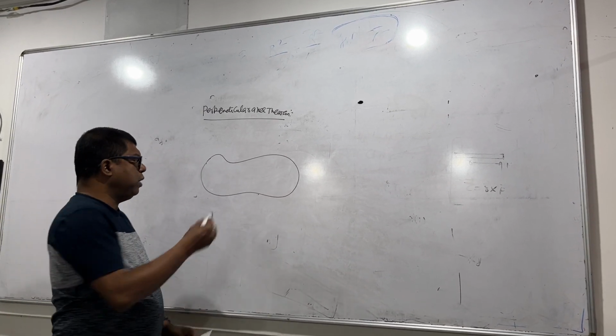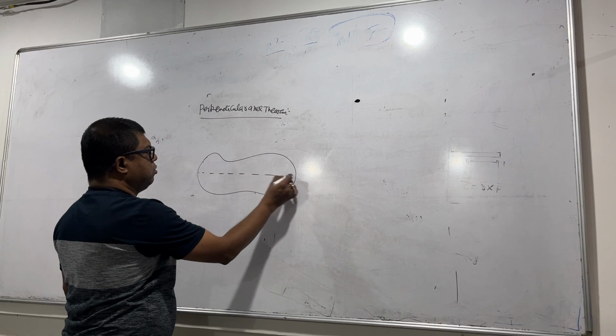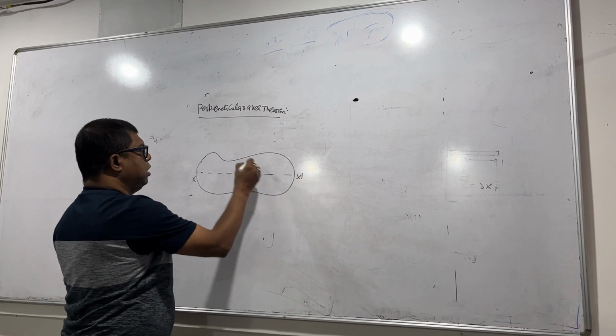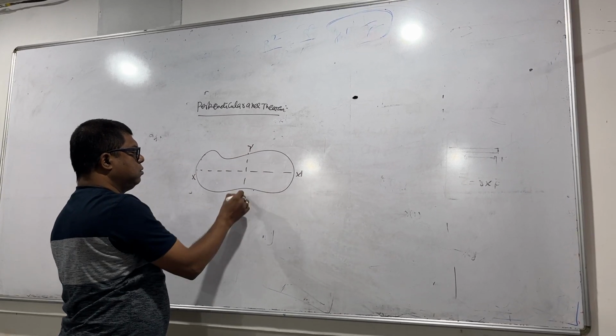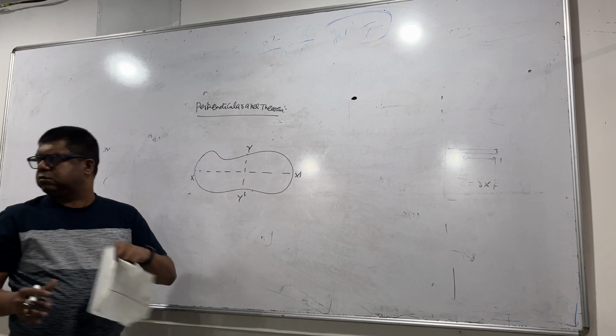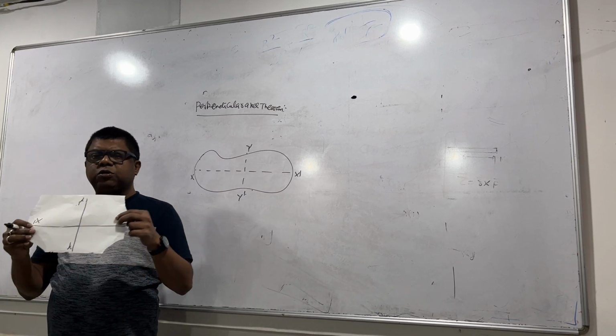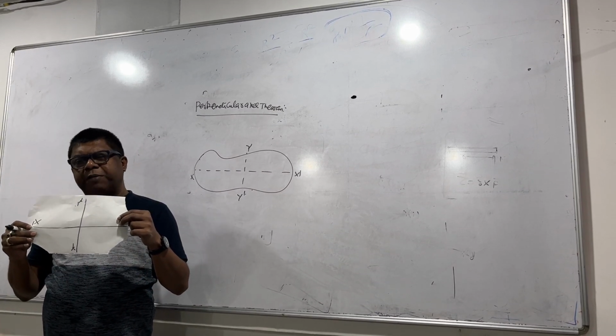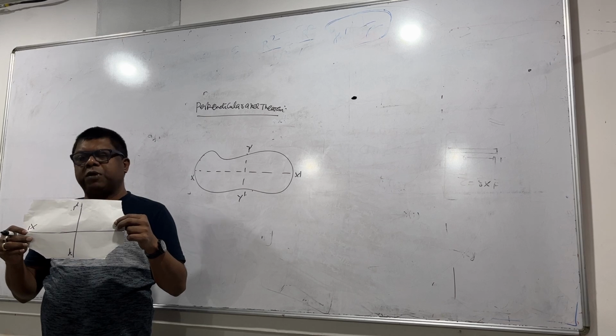This lamina consists of two axes which are mutually perpendicular to each other, x dash and y dash. These are the two axes lying on the plane of lamina, mutually perpendicular to each other.